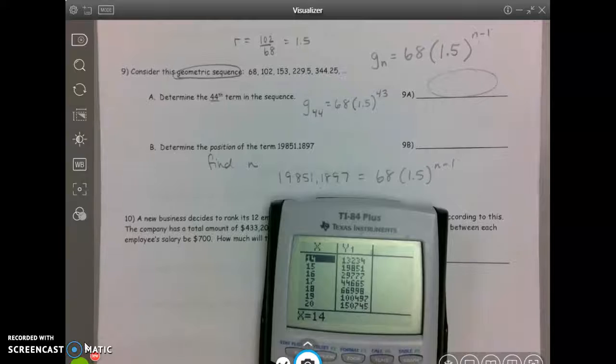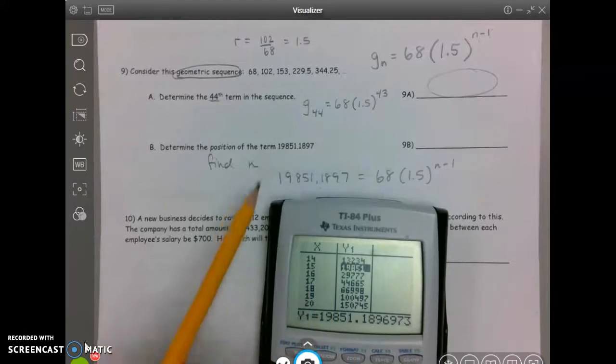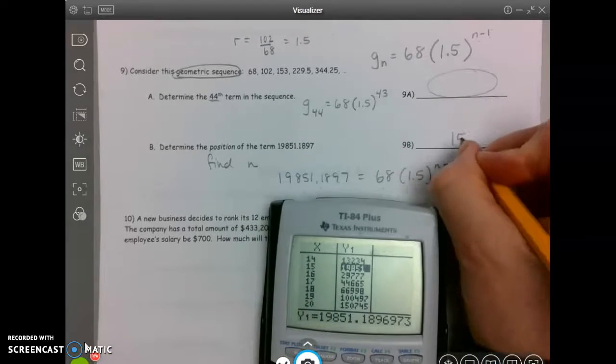Oh, look, there it is right there, 19,851. Let's see if when I go to that, it actually shows me 0.189. That would be 1897. So if you click on the number, it shows you the full number, and it is indeed that number. So it's the 15th term.